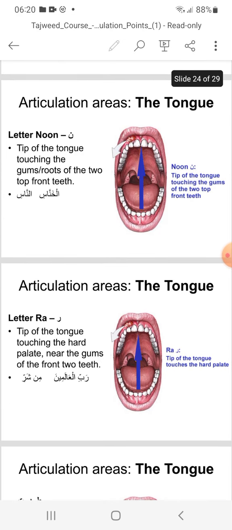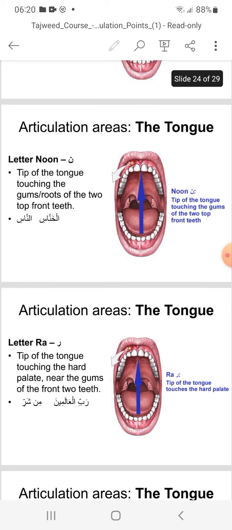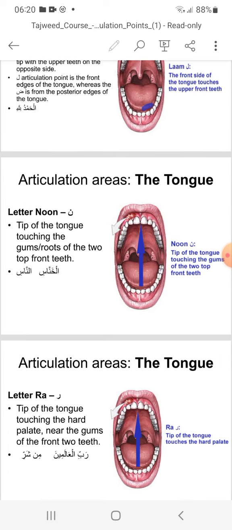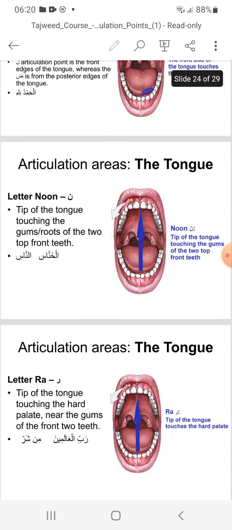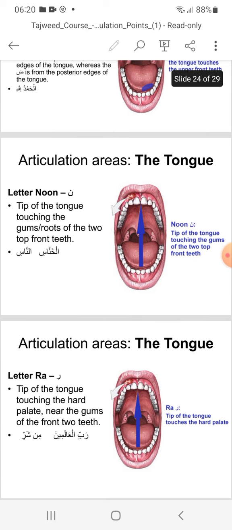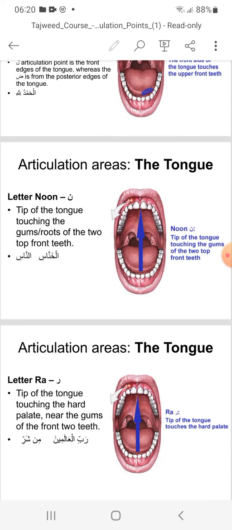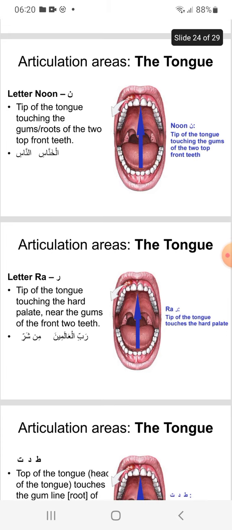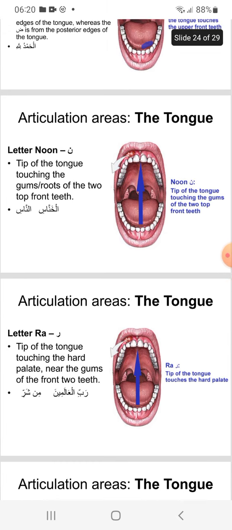The ra is not clear this way. No, don't press that strongly, okay? Ar. Now it's clear, yeah? So don't press strongly using the tip of the tongue, and at the same time, as I told you, make sure you have the gap in the middle, which will prevent the repetition of the ra.